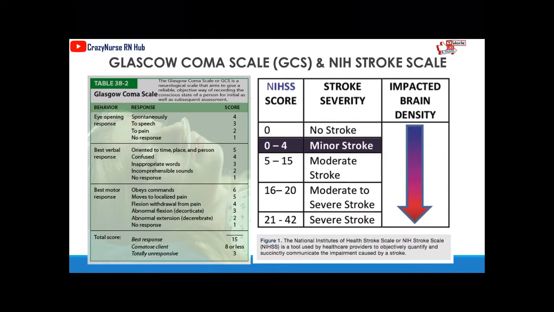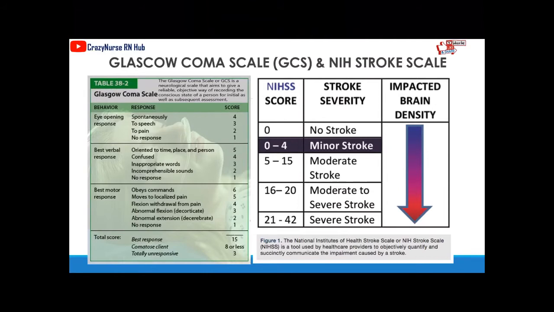The GCS offers several advantages in the assessment of the unconscious patient. It allows different healthcare professionals to arrive at the same conclusion regarding the patient's status and can be used to discriminate between different or changing states. In case of stroke or hemorrhage associated with decreased ICP, the National Institutes of Health Stroke Scale should be used.